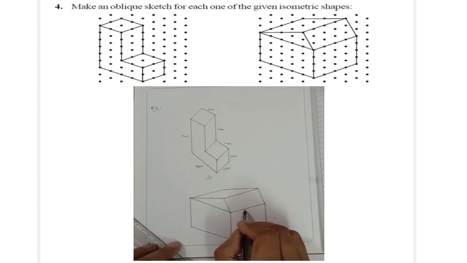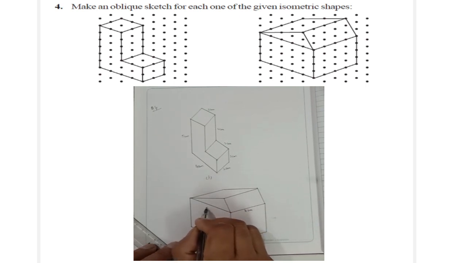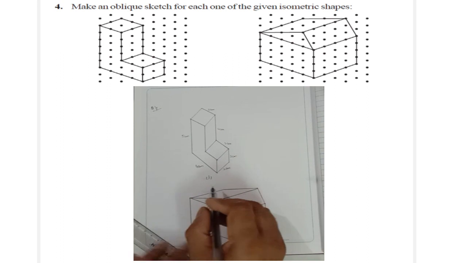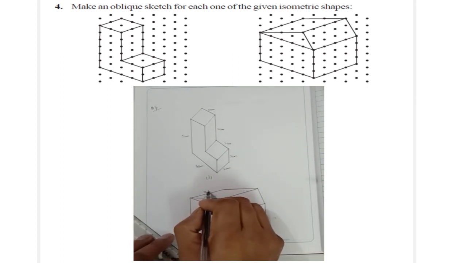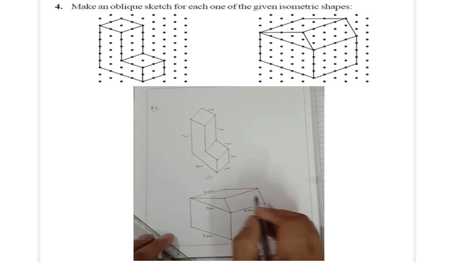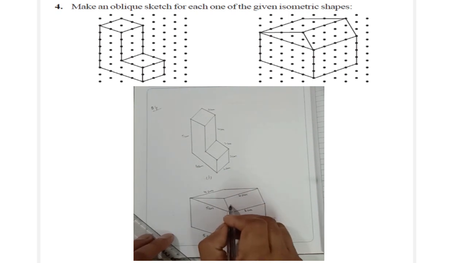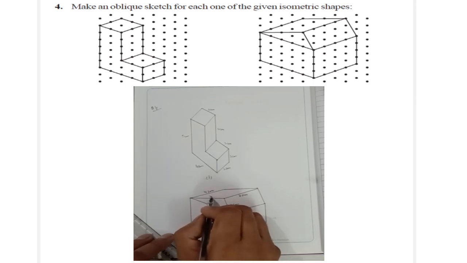here this is 4 centimeter, this is 5 centimeter, this is 5 centimeter, this is 4 centimeter, this is 4 centimeter, this is again 4 centimeter, this is 2 centimeter, this is 4 centimeter.